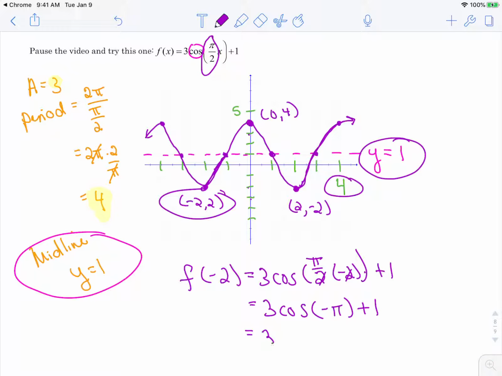What's cosine of -pi? Well, that is going to be -1. 3 times -1 is -3. I add a 1, and yay! I didn't write it right, so I'm glad I chose that one, so I caught my mistake. It's -2, so that checks out and works. All right, I will see you next time.